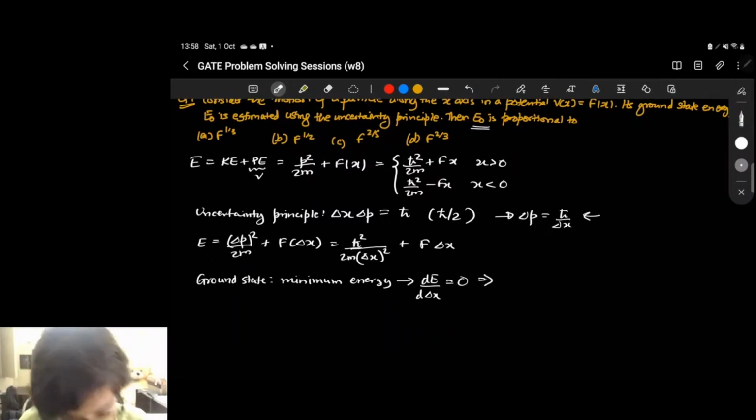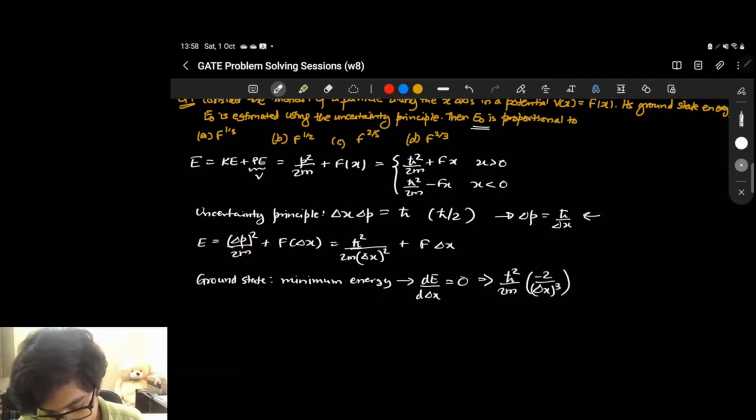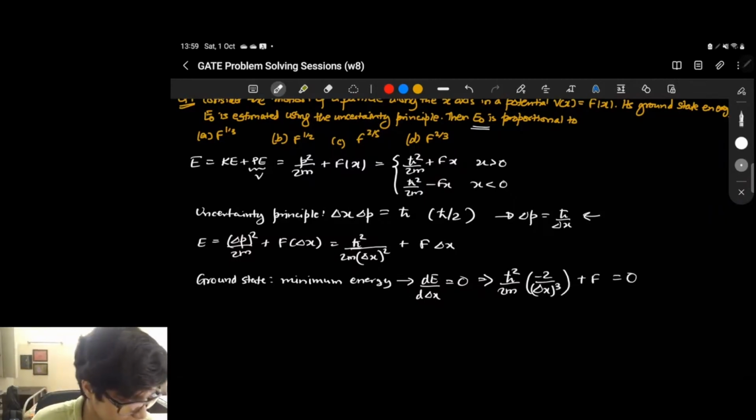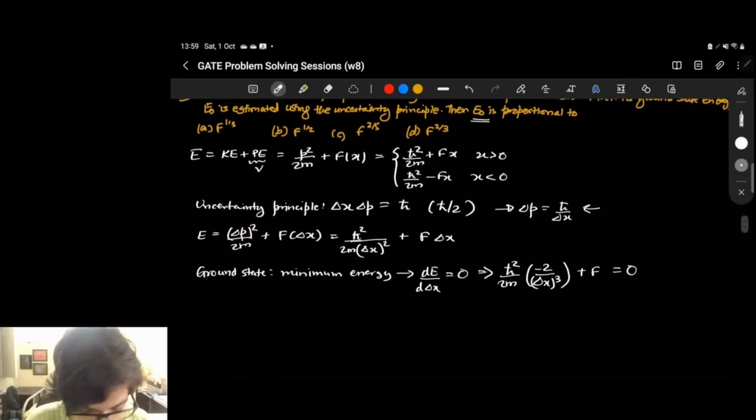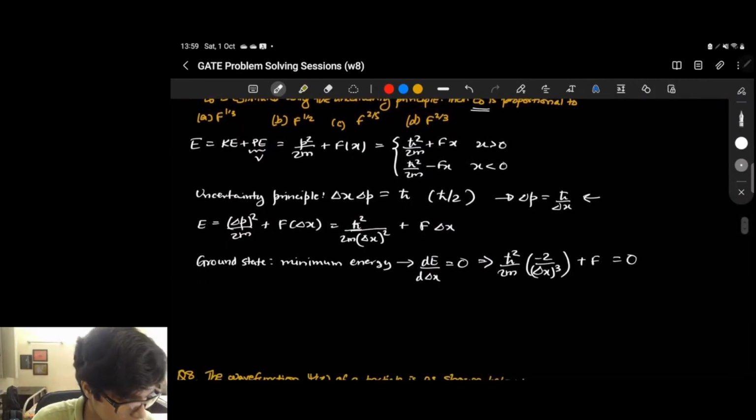So this gives me, differentiating with respect to delta x, h cross squared by 2m is the factor, and then you have minus 2 over delta x cubed plus f is equal to 0. So from here, we will get what delta x is.